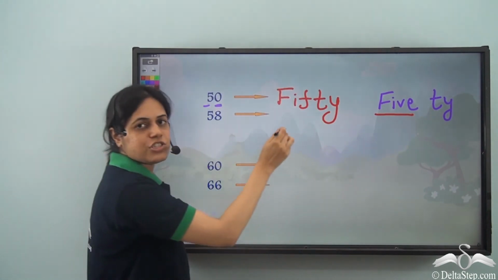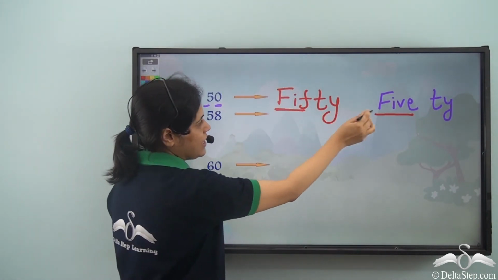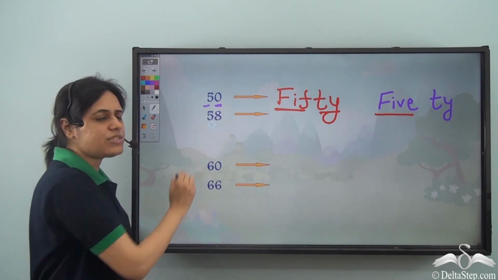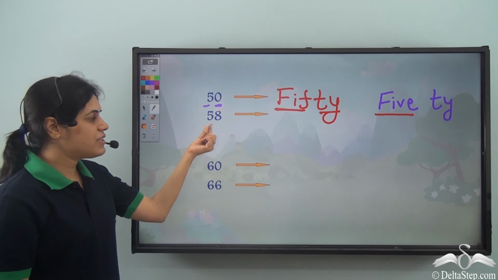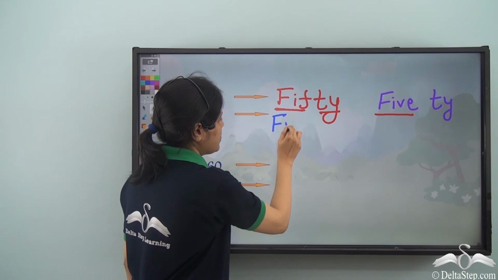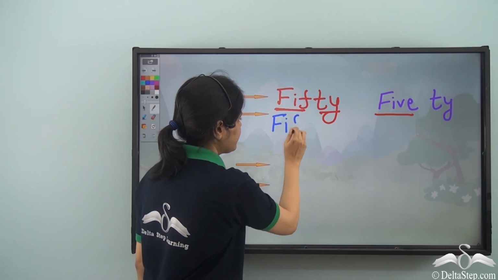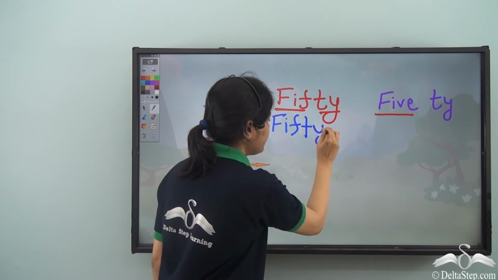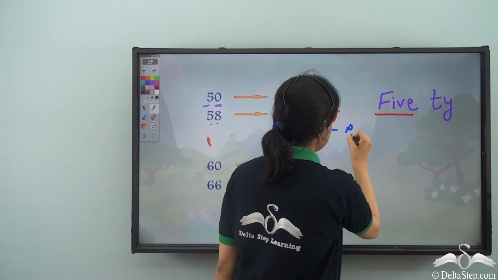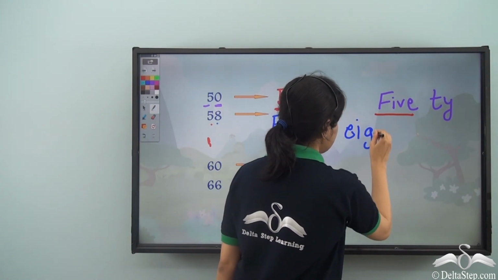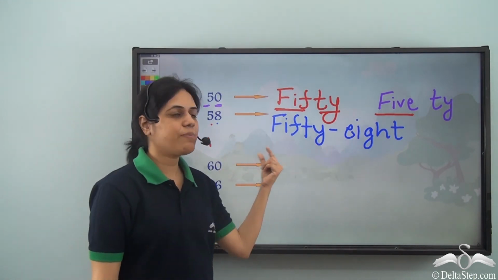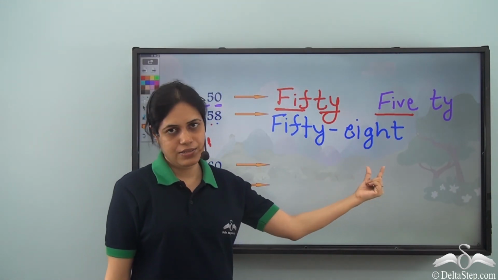So 5 changes to FIF, and we have a TY. So 50. Now what is this? 5 in the first place makes it have FIFTY as the first part of the name, and 8 in the second place means the second part will have the name EIGHT. So this number name is FIFTY-EIGHT.